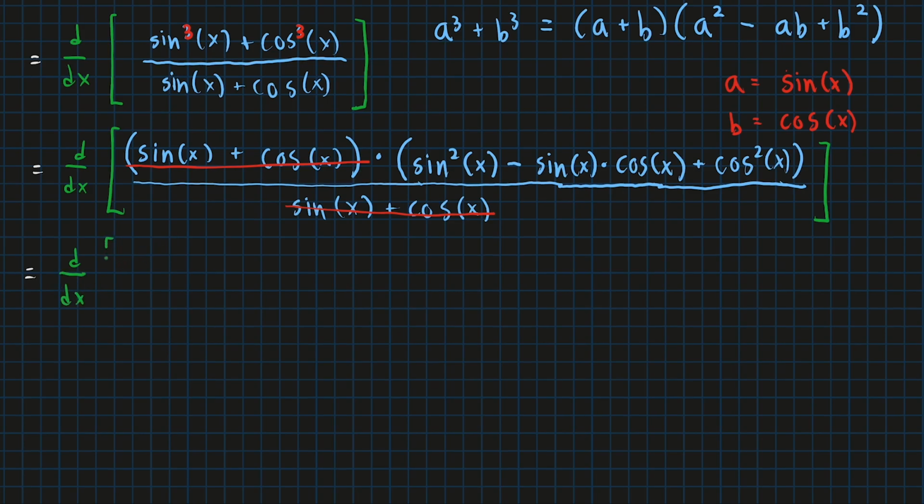So d over dx of sine squared of x minus sine x cosine of x plus cosine squared of x.